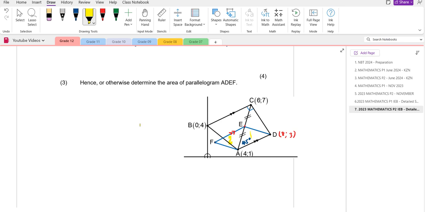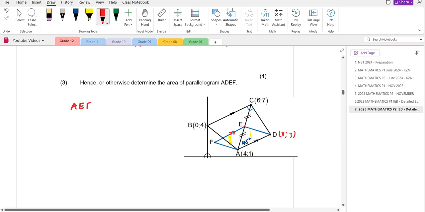Because opposite sides are equal, we have a common line, and AF is equal to ED. It's a parallelogram, that's the reason why. So we can say triangle AEF is congruent to triangle AED.